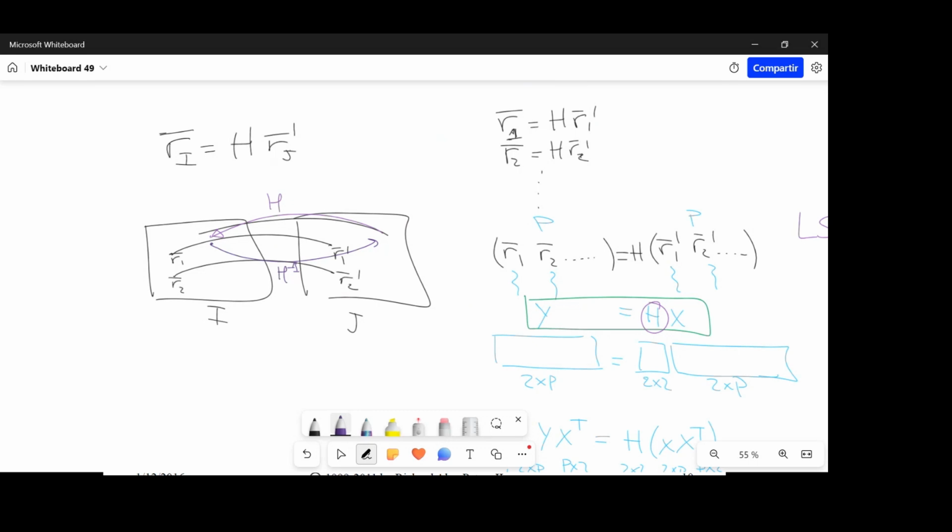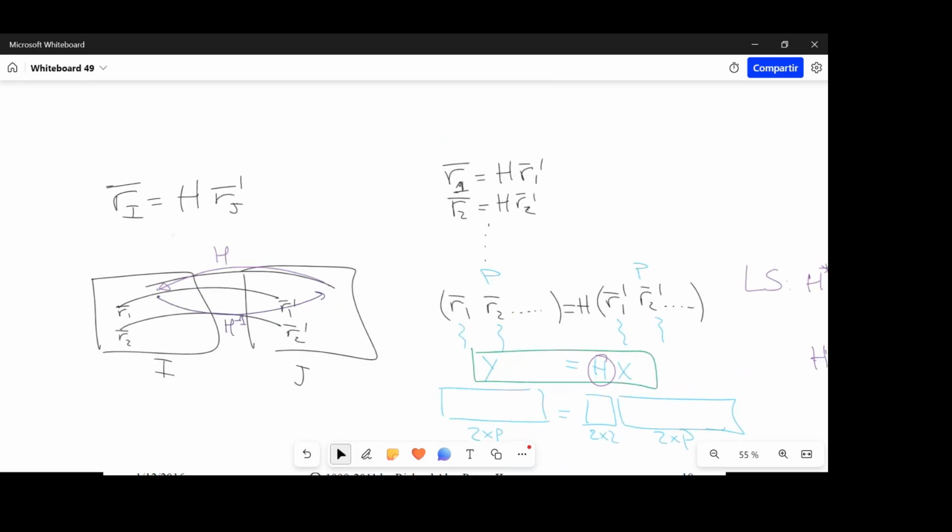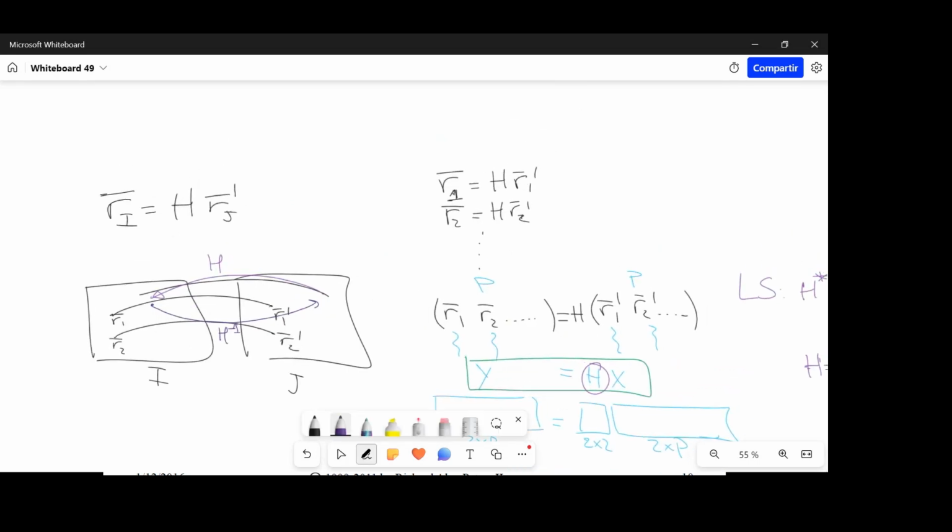It's another way of saying this implies that R J prime is H minus 1. But it depends on which direction you're going. You have to use H, but you have to use H minus 1.